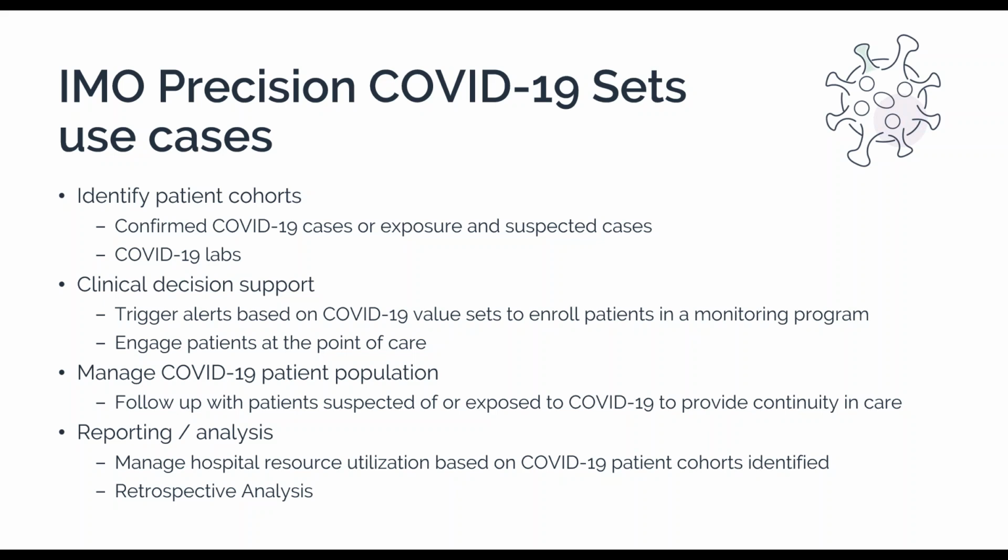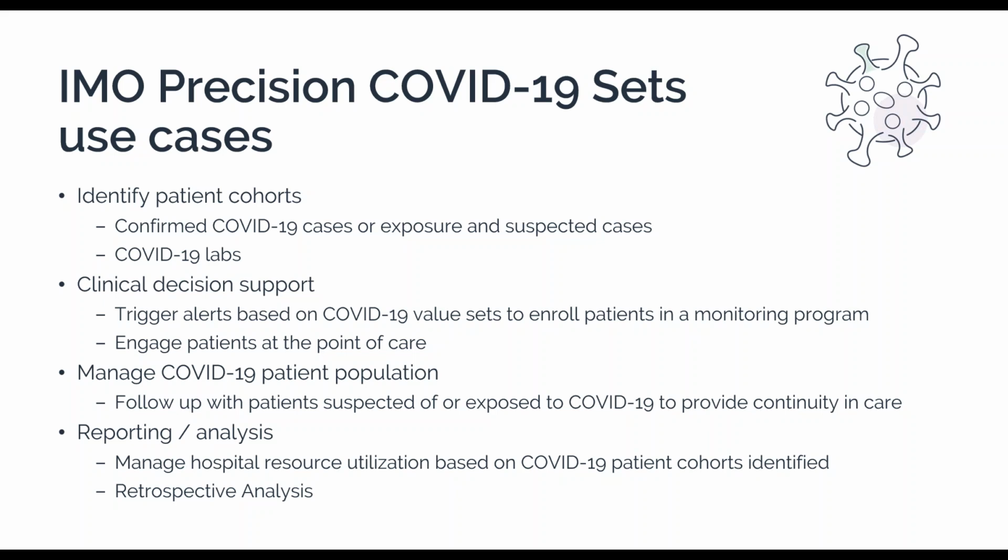Use these value sets to identify and follow up with patients suspected of or exposed to COVID-19 to provide continuity of care. This is another example of how organizations can manage their COVID-19 patient population using these value sets.